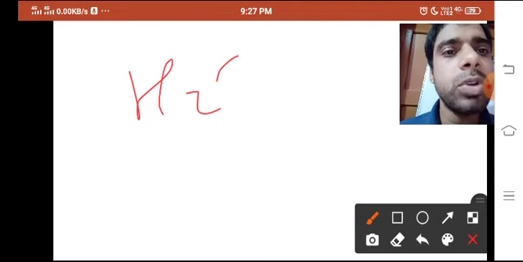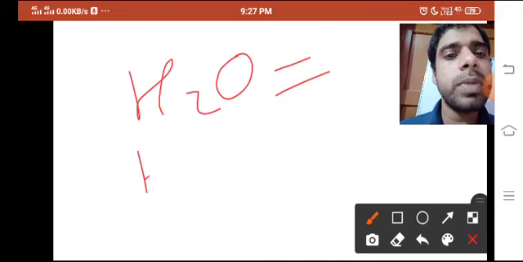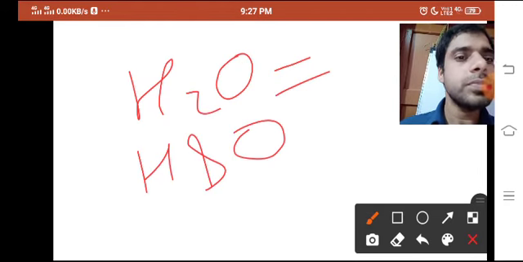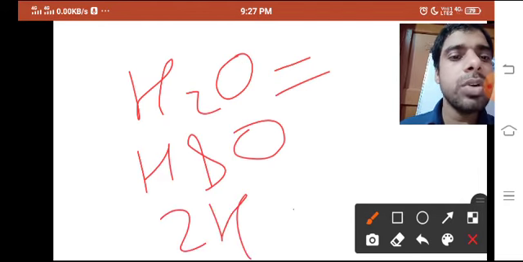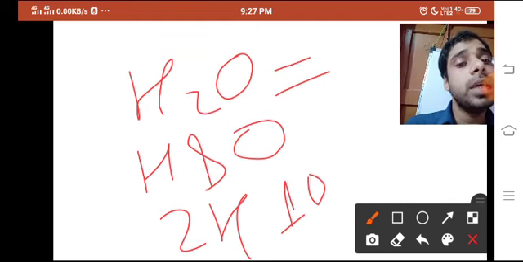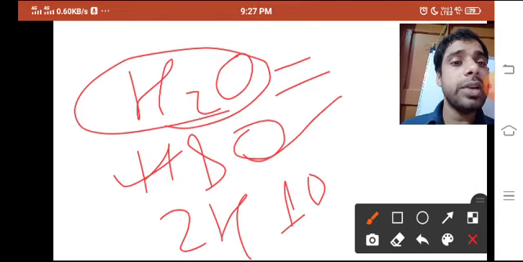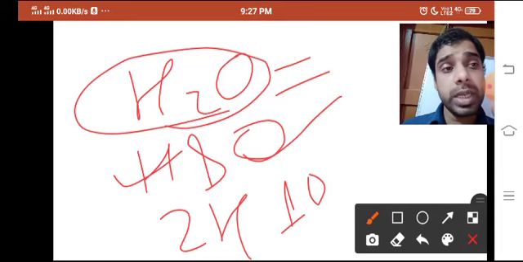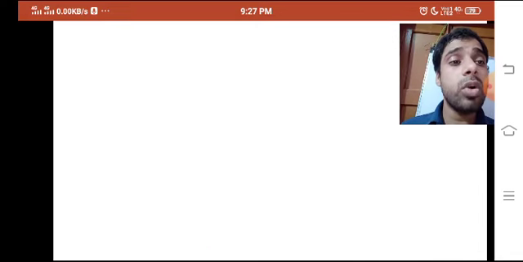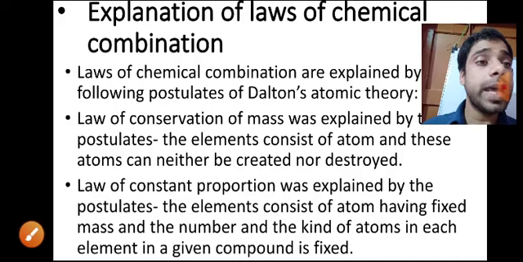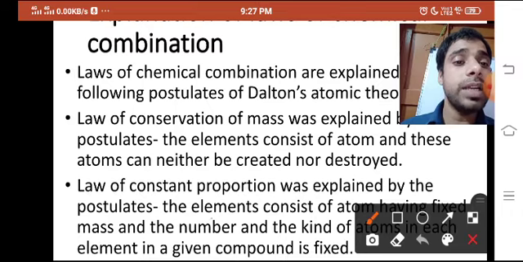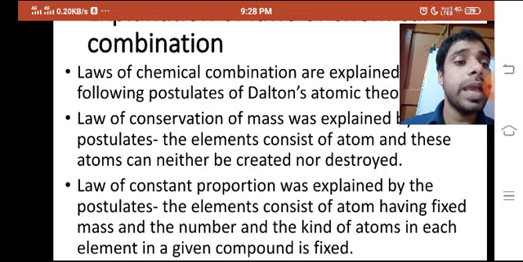Suppose I am talking about H2O. H2O is a combination of hydrogen and oxygen, 2 hydrogen and 1 oxygen. Every time for making water, it will contain hydrogen and oxygen. So you should understand which postulate has given that: the one in which it is written that the element consists of atoms having fixed mass and number and kind of atom.